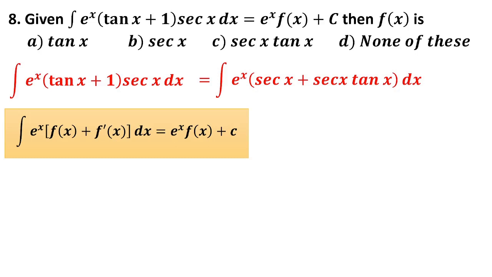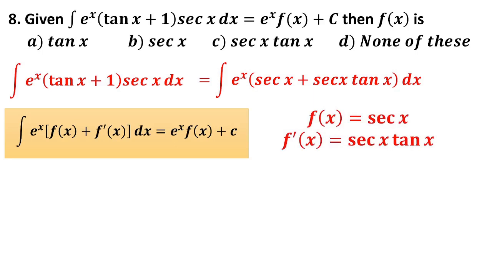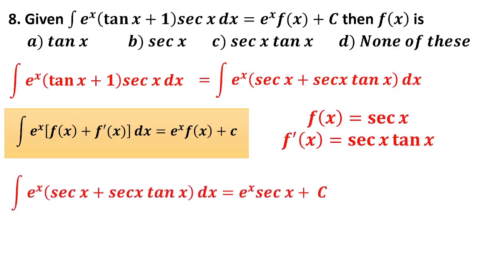By inspecting the given integral, it is e power x into secant x plus secant x tan x. Here f of x is secant x, its derivative is secant x tan x, and therefore integral e power x into secant x plus secant x tan x dx is e power x into secant x plus c. Therefore, the option is B.